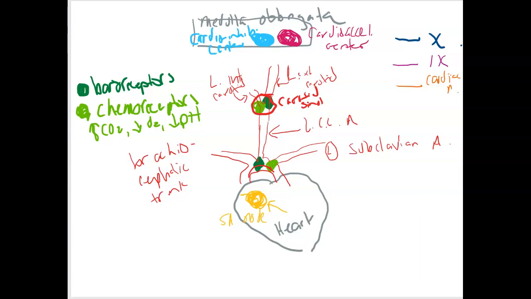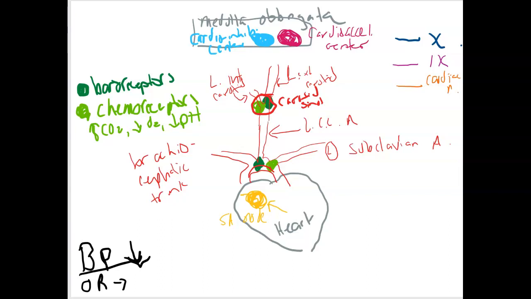So let's just go through the process. Let's say the scenario that we're going to look at is, if blood pressure decreases or your chemoreceptors are activated. So the same thing will happen anytime my blood pressure falls.